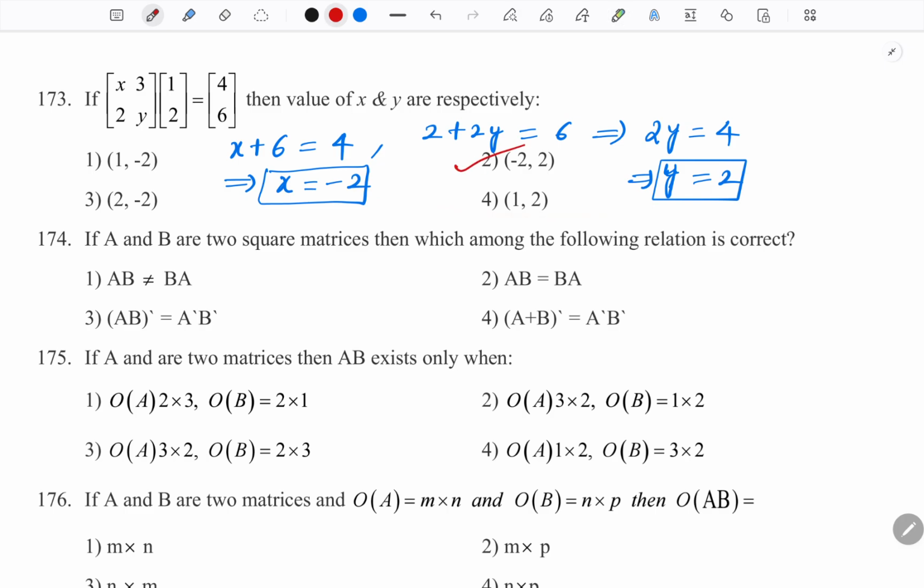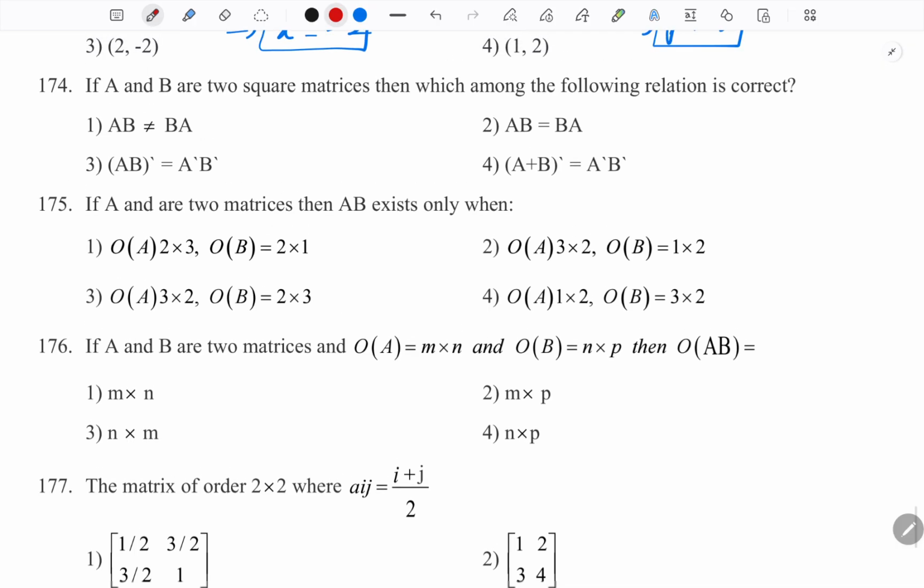Next one. If A and B are square matrices, then which of the following relations is correct? They are asking. Okay, tell me. Matrix multiplication is commutative? No, it's wrong. AB equal to BA, is that correct? They are asking correct. Matrix multiplication need not be commutative.